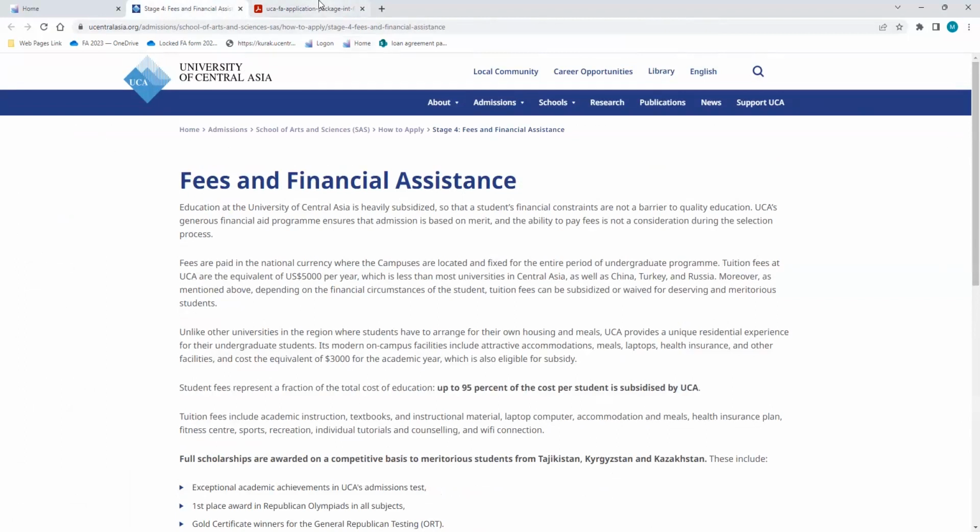If you visit our web page, you do remember there was a link in the email that we shared with you, sending you the emails. We have shared with you a link. This link is related to the fees and financial assistance.